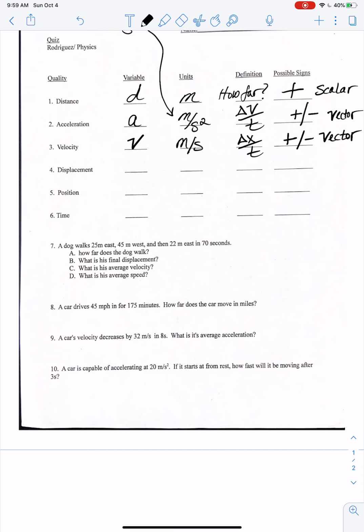Okay, so displacement, delta x, units here are just meters. Definition, change in position. Could we just write the formula here for this? Yeah, but I think it's better to write it out in words for this one.